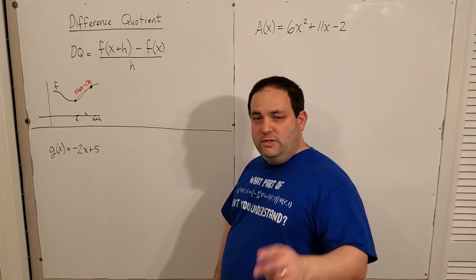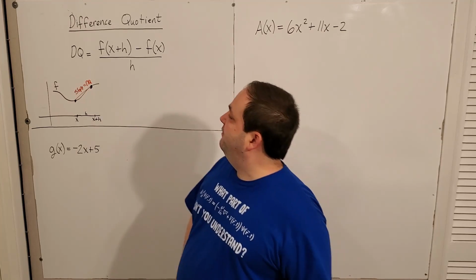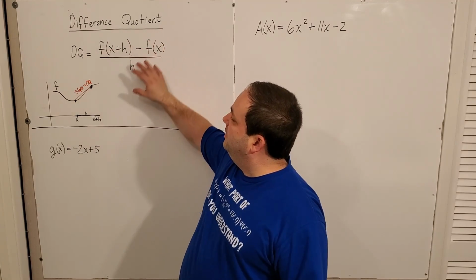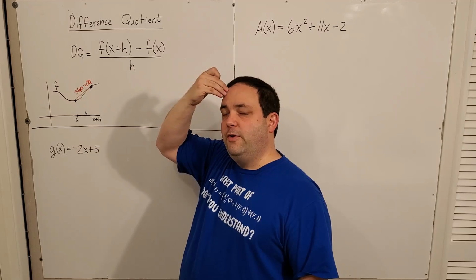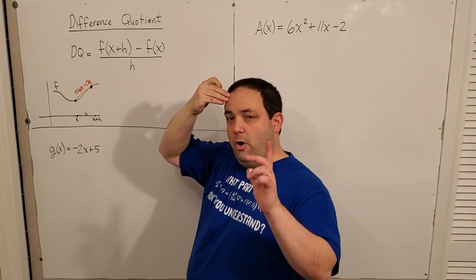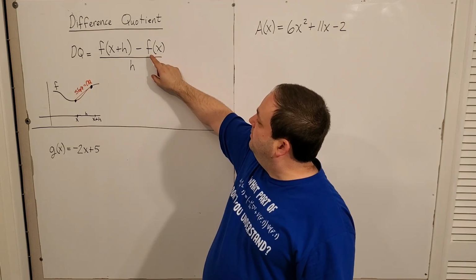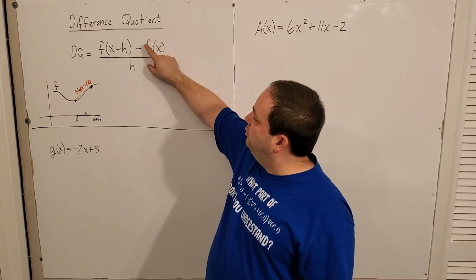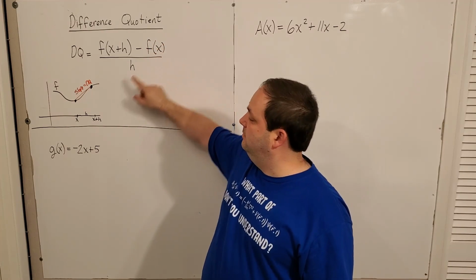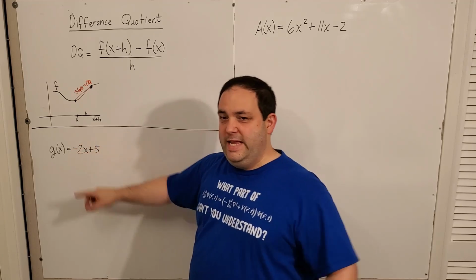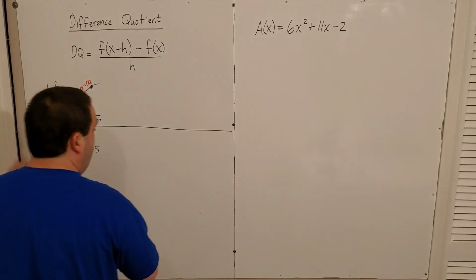When you're doing difference quotient, what you want to start with first is having all of the pieces. The first thing you need to realize is you've already got half of the numerator. The numerator has the original function in it, you see, f of x. So I've already got that piece. This is what I mean.